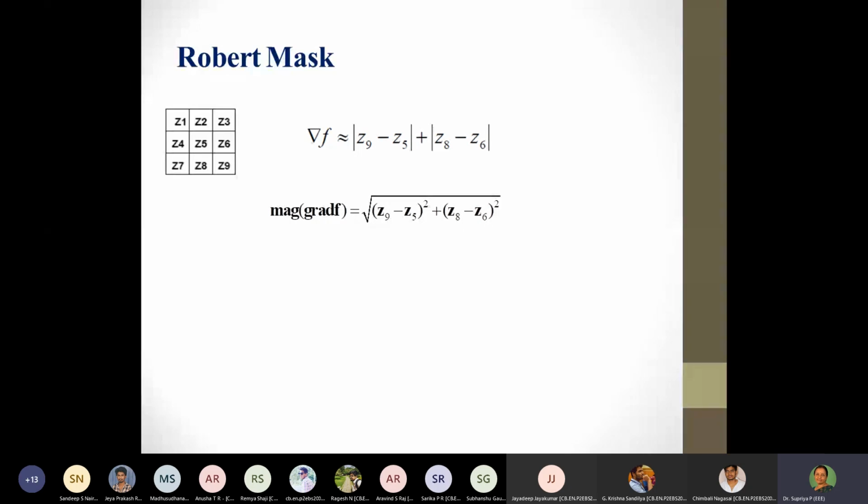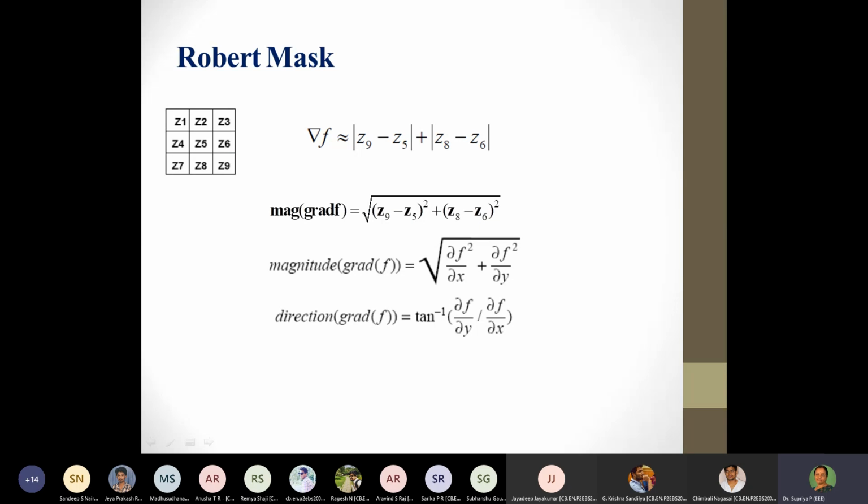On the other hand, it goes for a cross gradient, and as a result, it goes for Z9 minus Z5 and Z8 minus Z6, and the magnitude would be Z9 minus Z5 squared plus Z8 minus Z6 squared, and the direction would be tan inverse of dou f by dou y divided by dou f by dou x, as can be seen here.